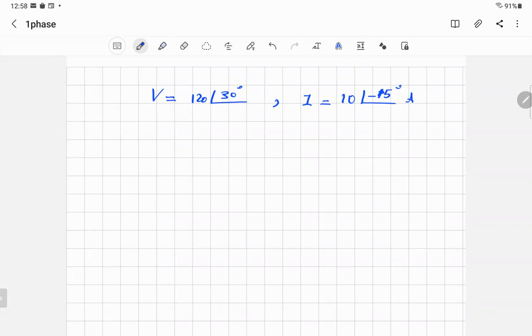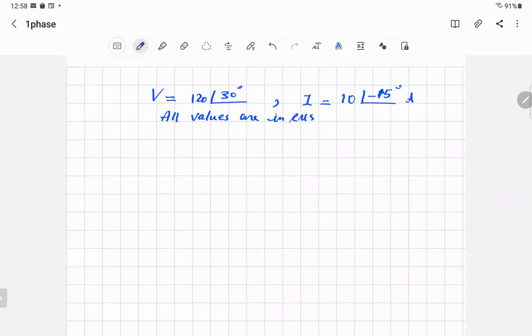And it's given that all values are root mean square. We need to find the real power, the reactive power, the apparent power, the complex power, everything from the voltage and the current.